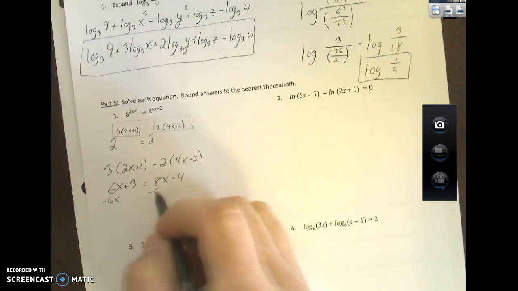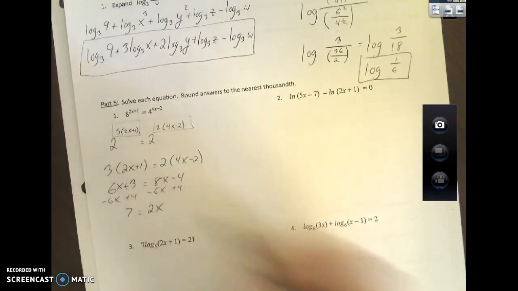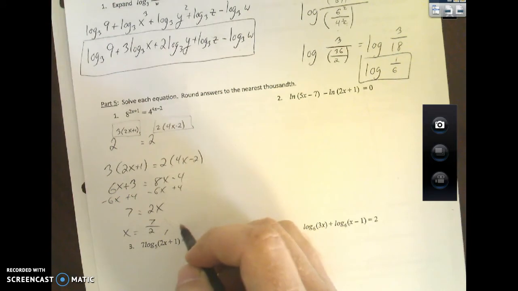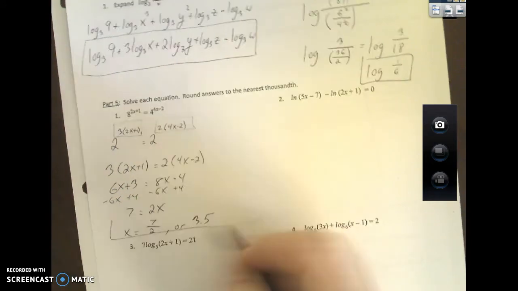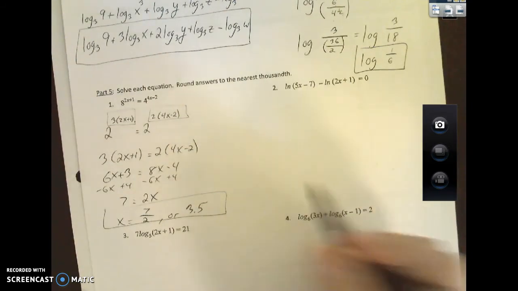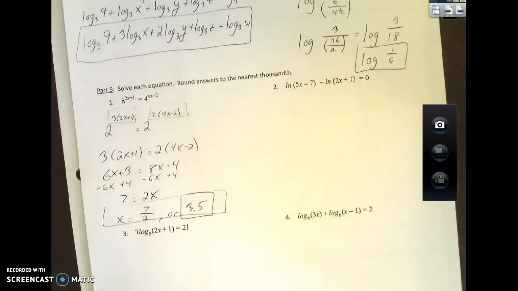Let's solve. 7 equals 2x. Divide, x equals 7/2, or you could put down 3.5. I prefer improper fractions, but either one will be correct. Actually, it says round to the nearest thousandth. Sorry, read directions. So 3.5 would be your answer. Okay? Cool.